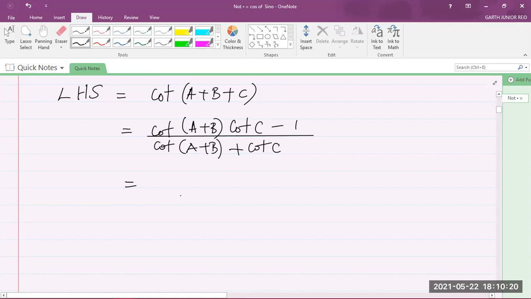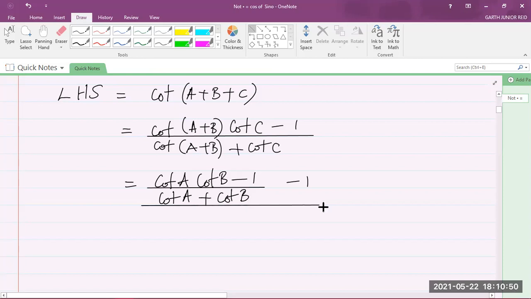So the cot of A plus B is the cot of A times the cot of B minus 1, divided by the cot of A plus the cot of B. And remember, we still have our minus 1, and we're dividing all of this in the numerator by the cot of A plus B plus the cot of C.